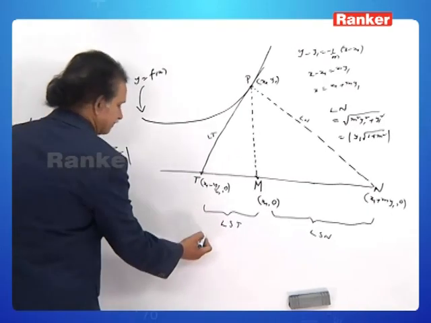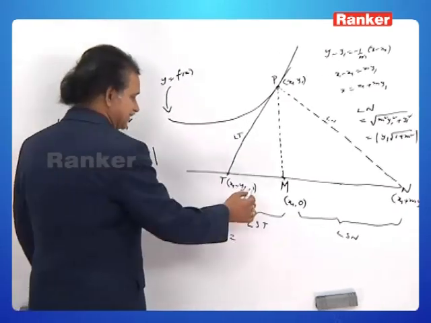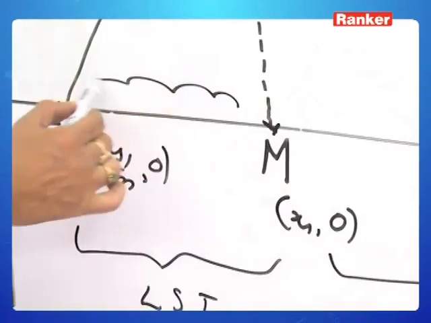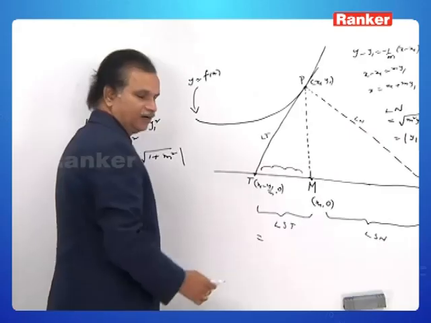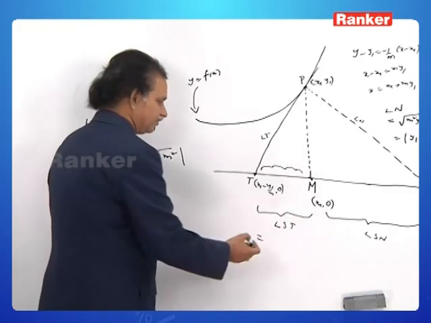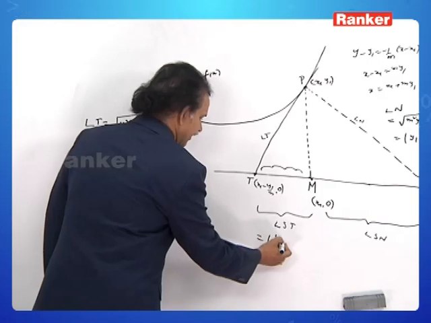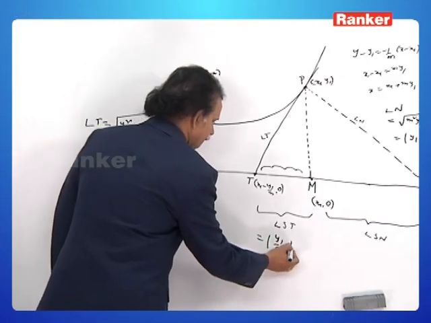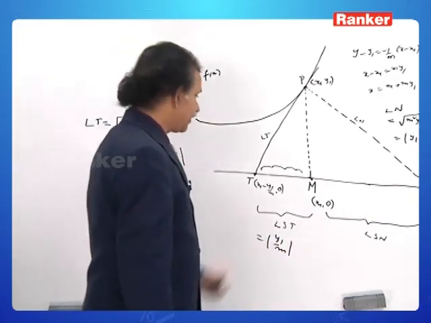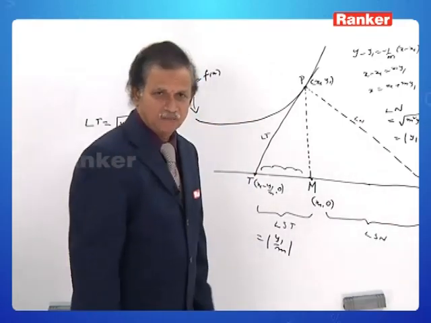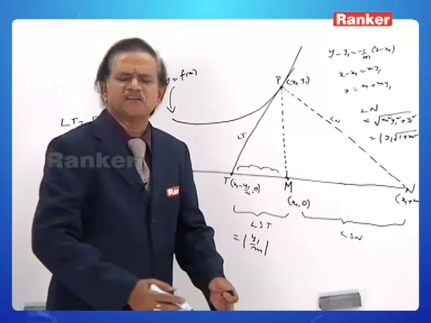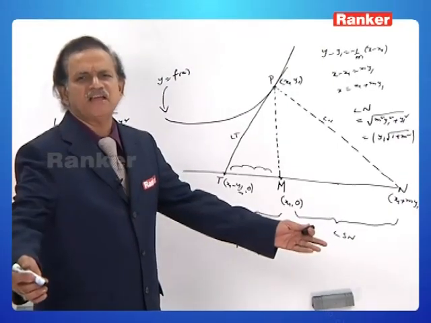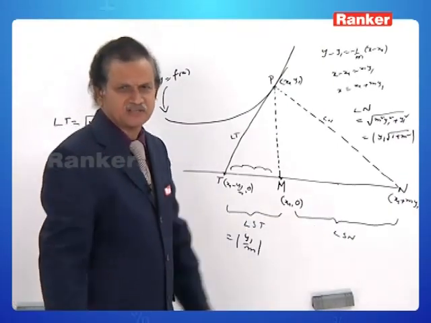About length of the subtangent, is it not the distance between these two? This is x1, 0, this is x1 minus y1 by m, comma 0. Difference between x coordinates is modulus of y1 by m. Okay, what is the length of the subnormal? Is it not the distance between these two? It can be read directly, no question of any calculation.